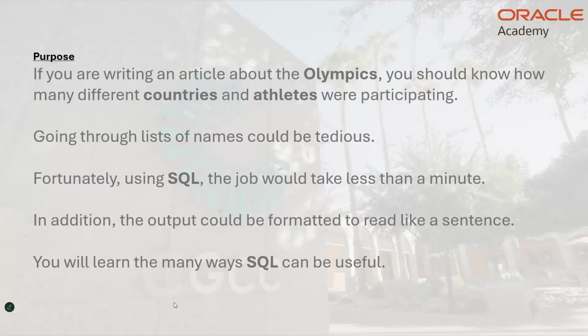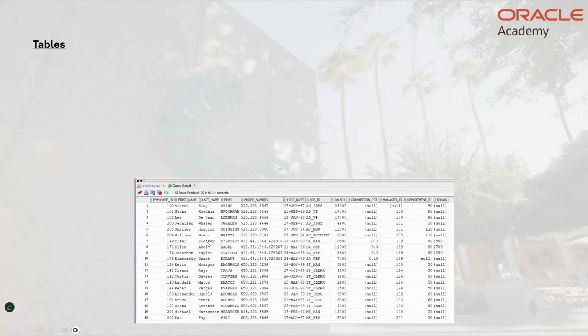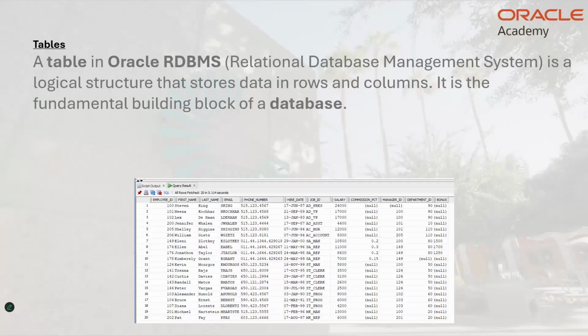All right, so you learn the many ways SQL can be useful. It is a very useful language. So yes, we're getting very basic here. Our first section is going to cover tables. And as you know, the relational database is full of tables that are related. A table represents a logical structure that stores data in rows, which are records.